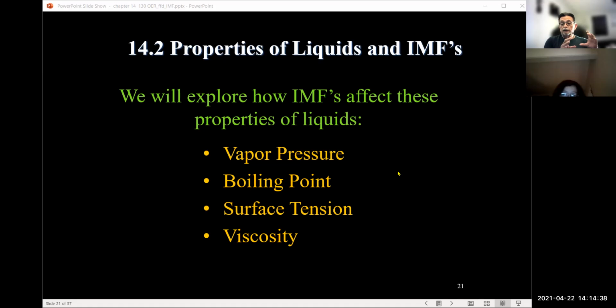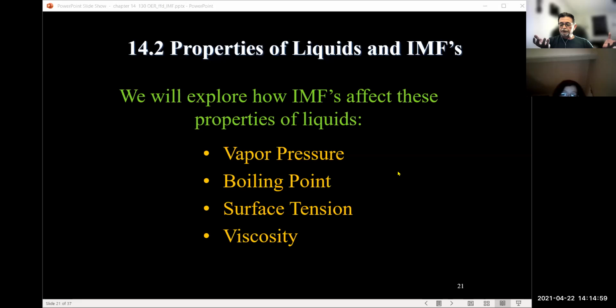Remember this. If we start comparing vapor pressure, boiling point, surface tension, viscosity, all we can do is compound A versus compound B. Who's going to have the highest vapor pressure? To determine that, we first determine, is it polar or nonpolar? If it's nonpolar, then we have some information.